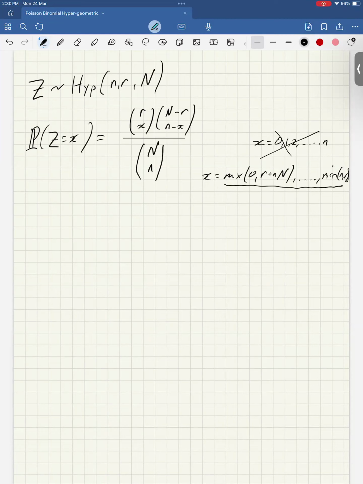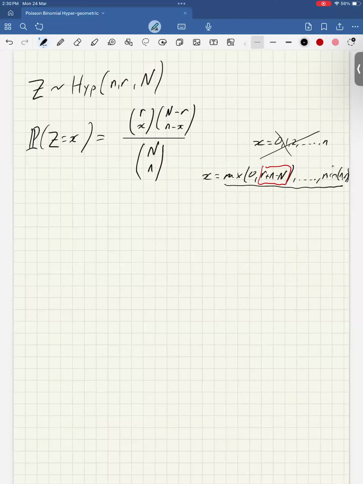But keep in mind that this number here is R plus little n minus capital N.